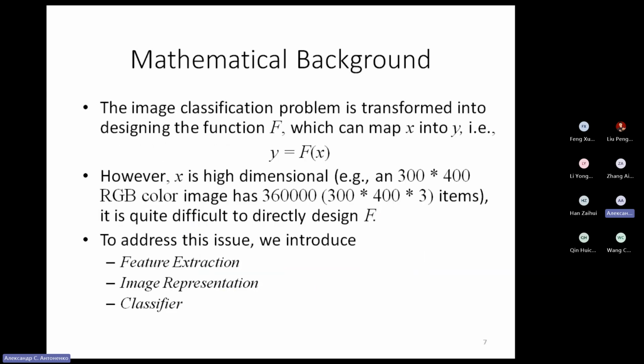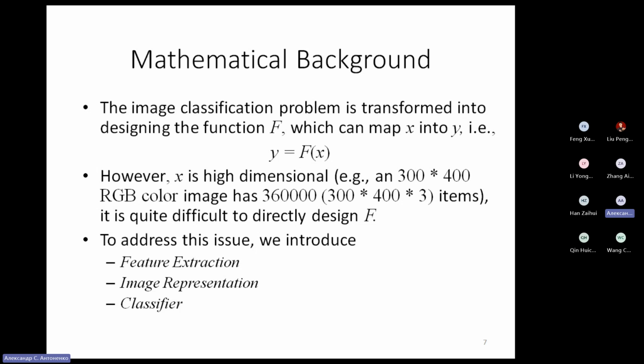Then we can use feature extraction as we discussed last time. Images are complex, so maybe we should extract some meaningful features, for example SIFT features or other types of features that can be used by a machine learning model.